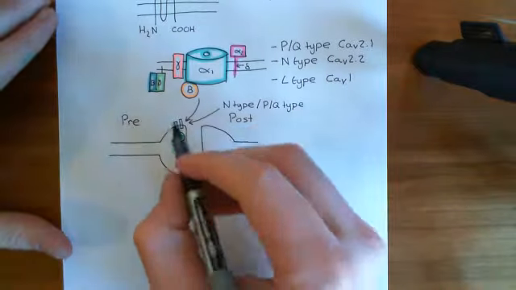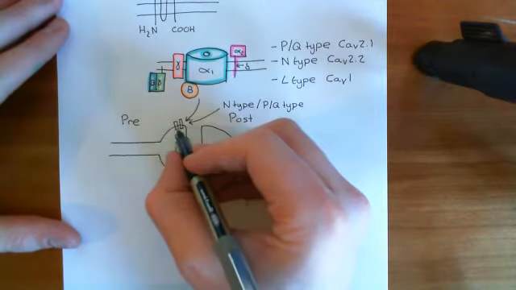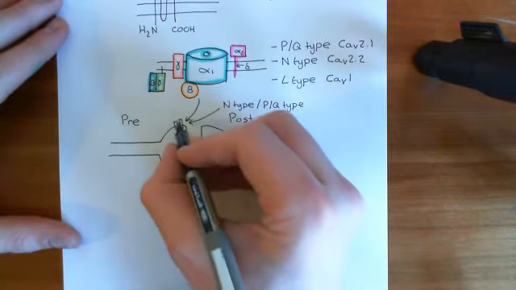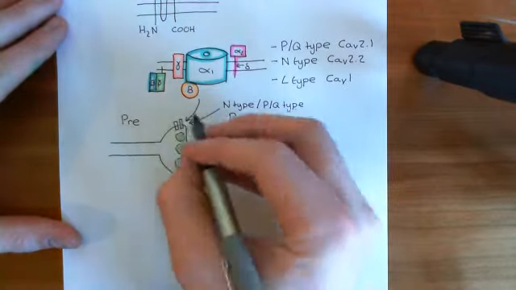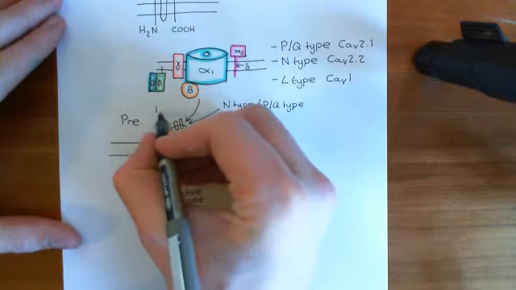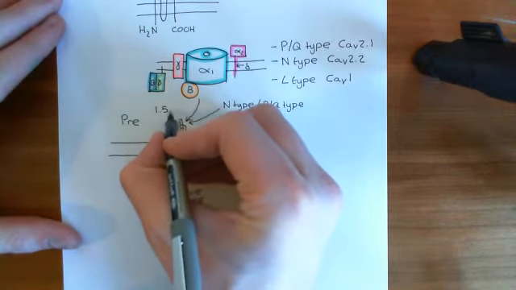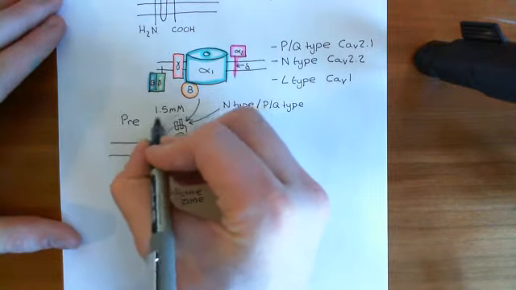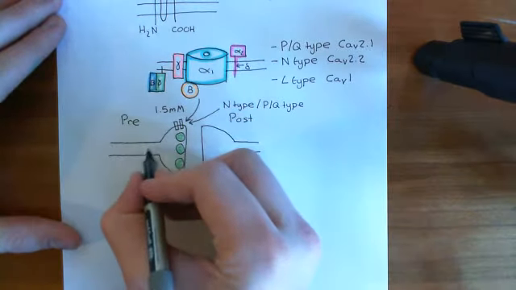Now what will happen is when the depolarization occurs, these PQ-type and N-type voltage-gated calcium channels will open, and then because calcium is so much higher extracellularly than intracellularly, specifically to put some numbers there, the extracellular calcium concentration is 1.5 millimolar.